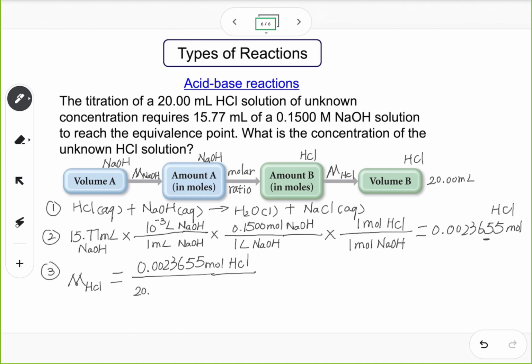Of course, convert the 20 ml to liters first. 1 ml equals 10 to the negative 3 liter. And if you do the calculation, it's 0.1183 mole per liter, 4 significant figures. All right. This is the acid-base reaction. Let me know if you have any questions.